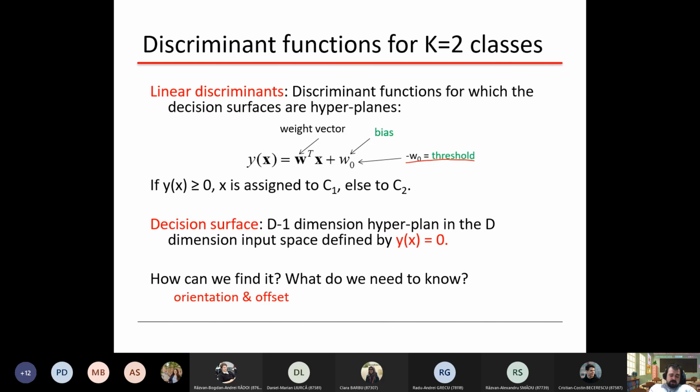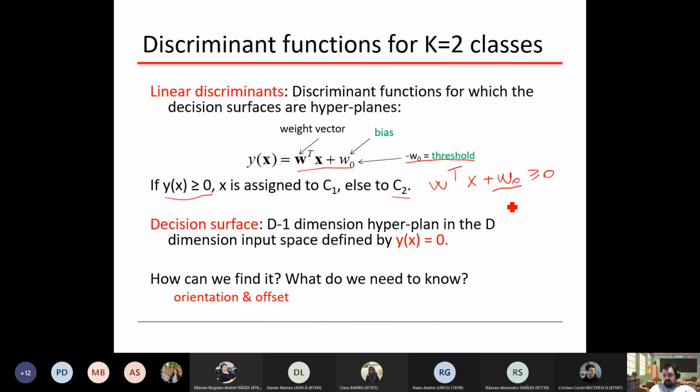In most models we have this condition: if y of x is greater or equal to 0, then x is assigned to C1. If y of x is smaller than 0, it means that x will be placed in class C2. However, if y of x is defined like this, if we compare W transpose x, so we have this is greater or equal to 0.